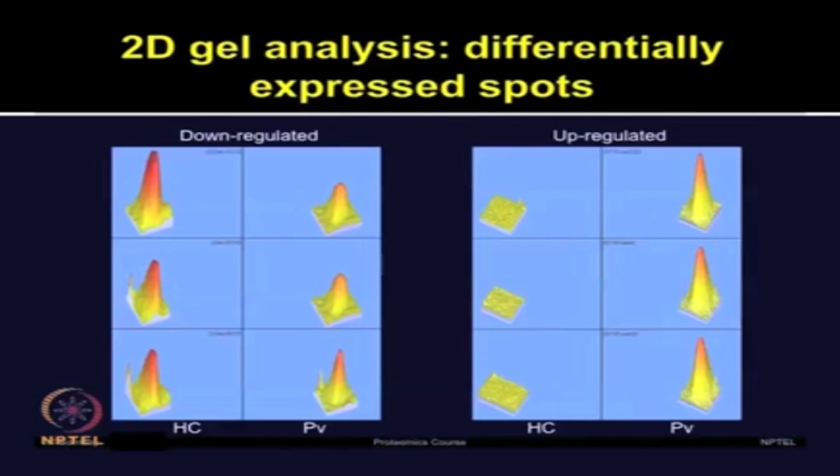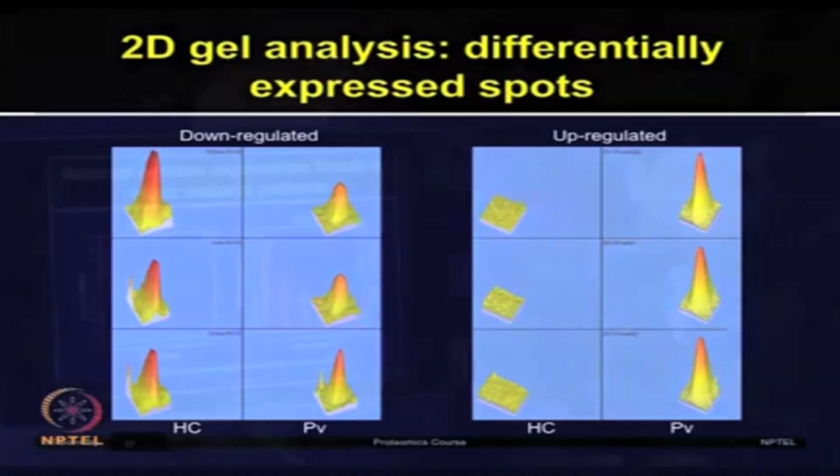Now, for those spots which showed good differential expression, we looked at the 3-dimensional views of those spots to ensure that they are not artifacts and that they are real spots showing up or down regulation of these proteins in human serum.